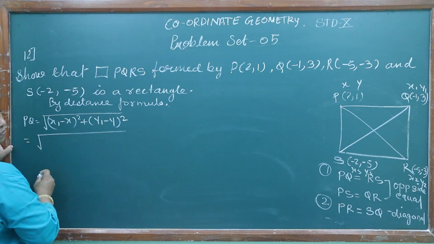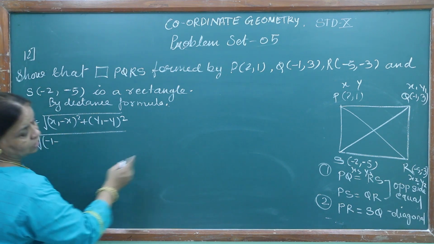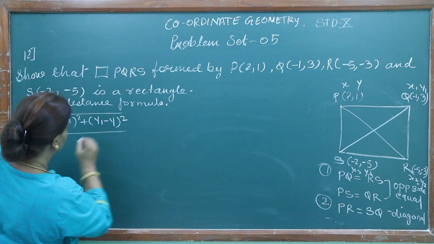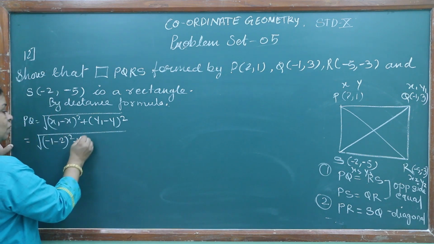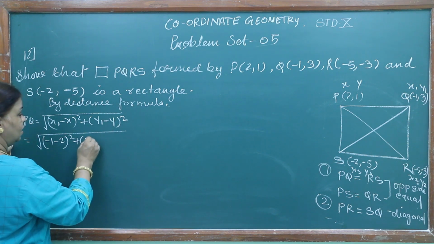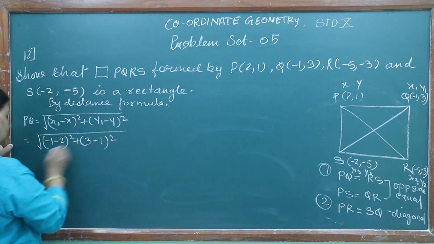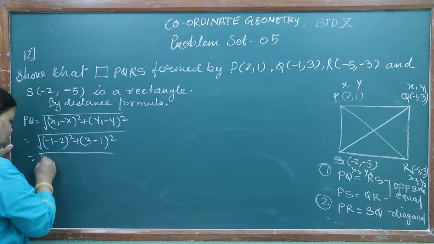x1 is minus 1 minus P is 2, okay, the whole square, plus y1 is 3 minus y, that is 1, the whole square. What are we getting?